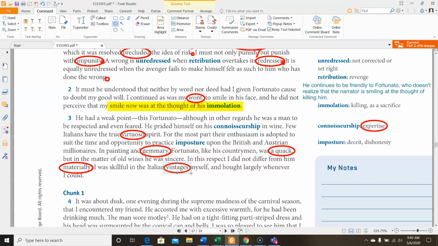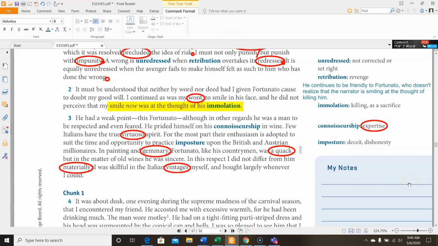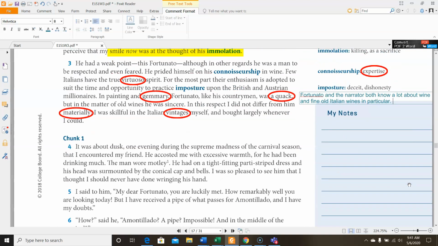So this man is basically a connoisseur when it comes to wine. And the narrator is as well. And then for other subjects, the man doesn't really know a whole lot, but he is to be respected when it comes to wine. So Fortunato and the narrator both know a lot about wine and fine old Italian wines in particular.